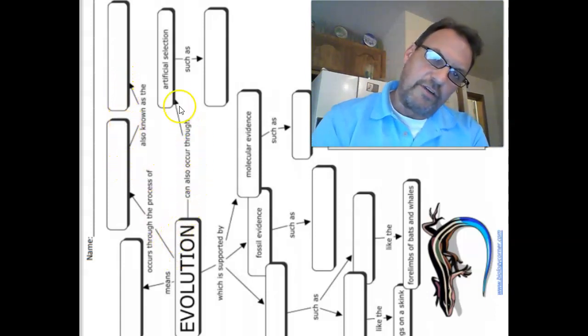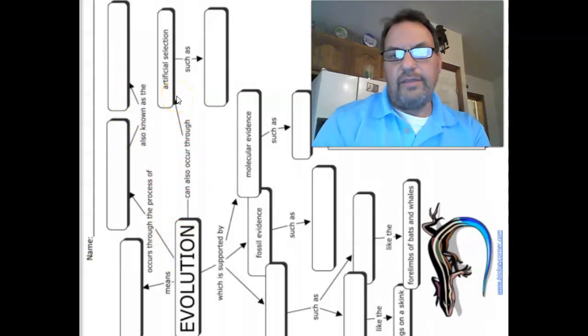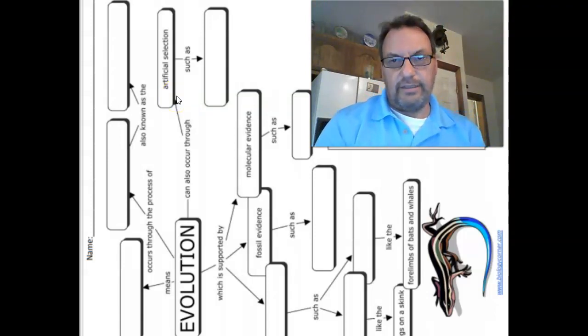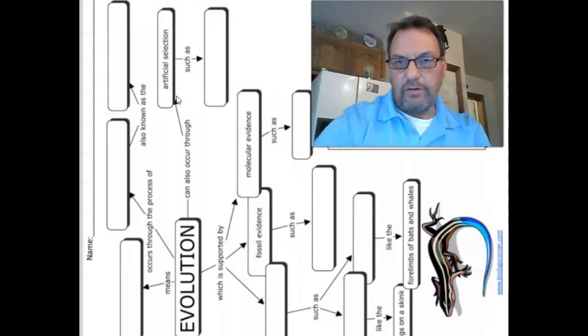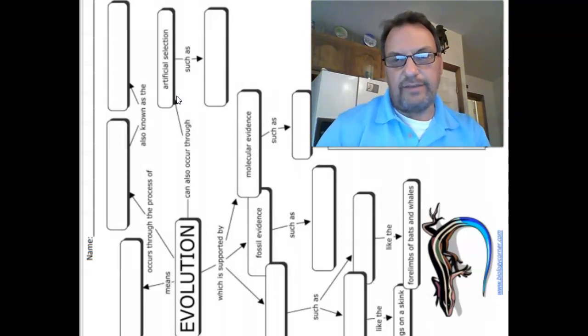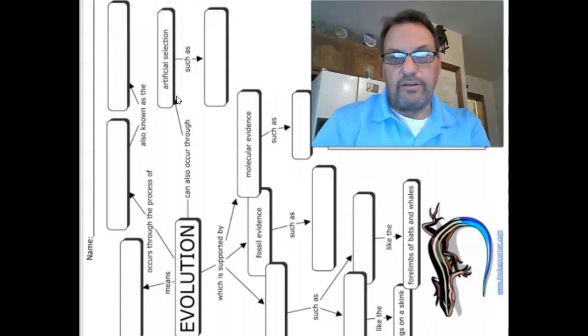This can also occur through artificial selection. The word that's going to go in here is dog breeds. And you think about how these are artificially put together to create a particular dog with a particular skill set. Some of the dogs were bred to be small where they could burrow up into holes to get animals out of them. Some of them had to be much larger depending on if they were herding large animals.